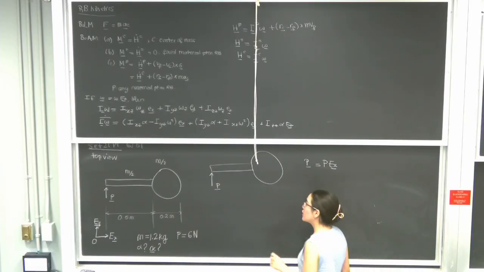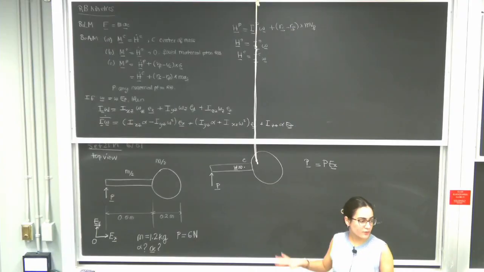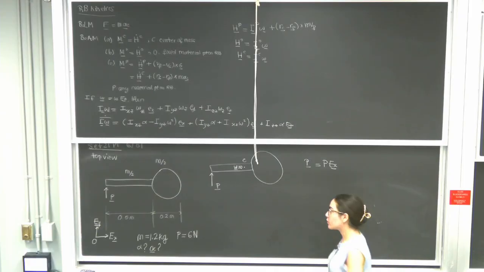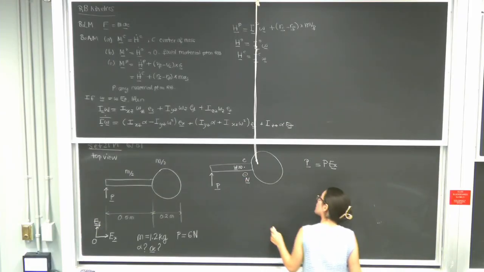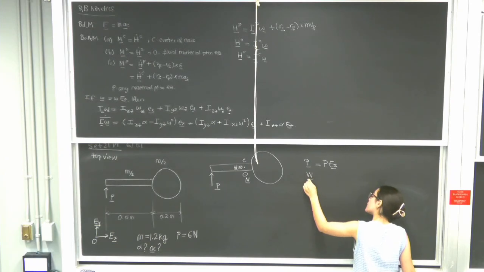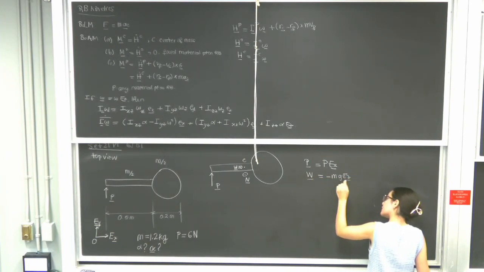What else do I have? Weight force. So there's going to be some center of mass of the body, and the weight force is acting into the page, passing by the center of mass, right? What other forces are acting on the body? Normal force. So the weight and the normal force are both along EZ.